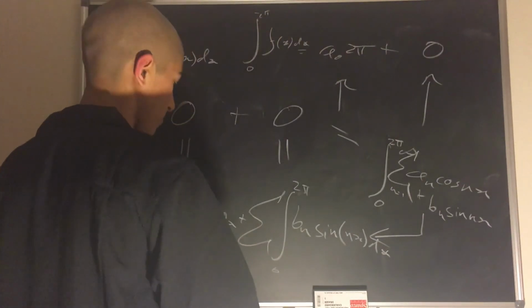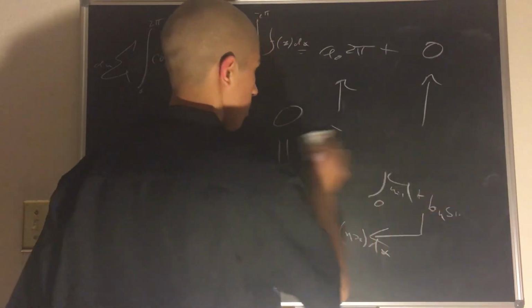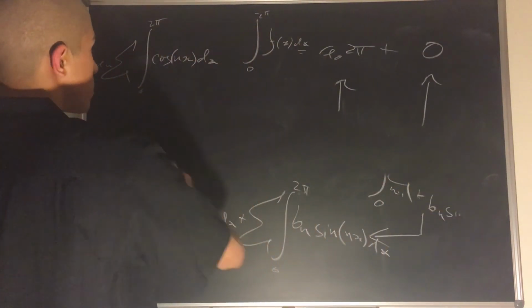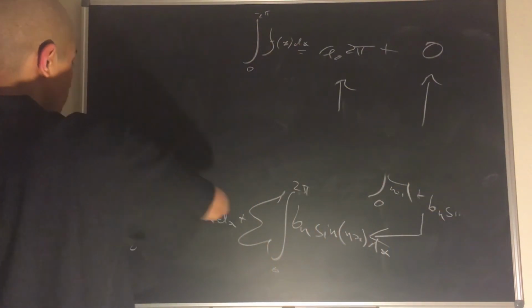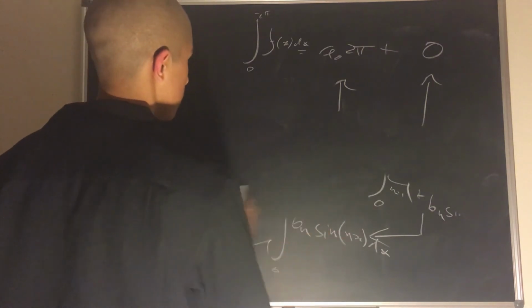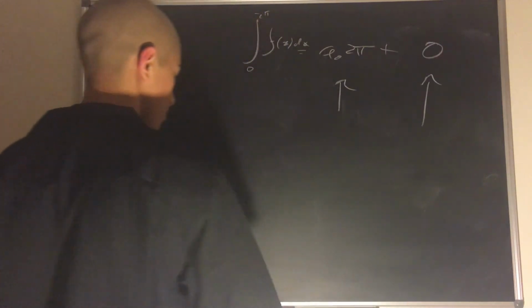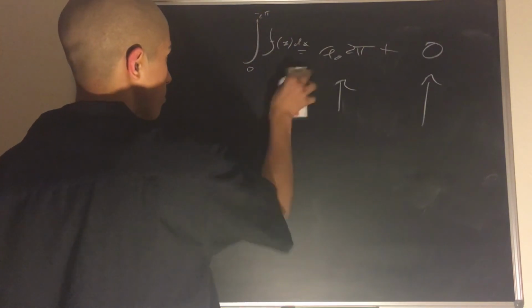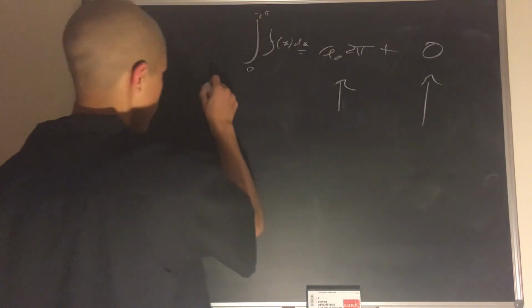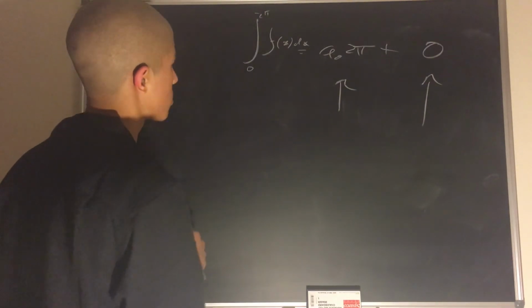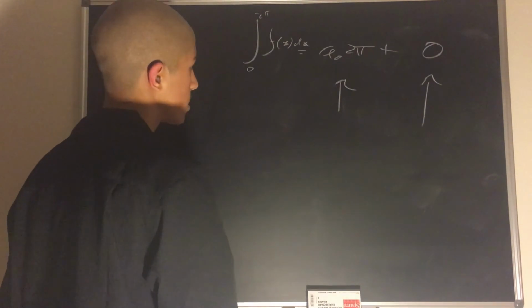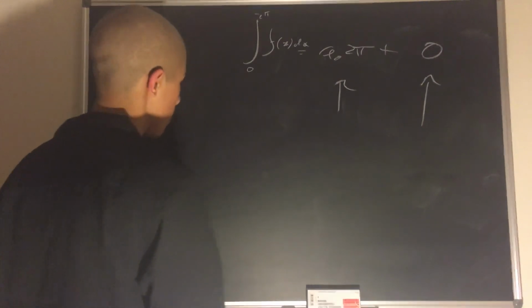So then we have, finally, all things considered, the integral from 0 to 2 pi of f of x dx is equal to our first term, a0, multiplied by 2 pi plus 0, which means that the integral from 0 to 2 pi of f of x dx is equal to a0 2 pi.